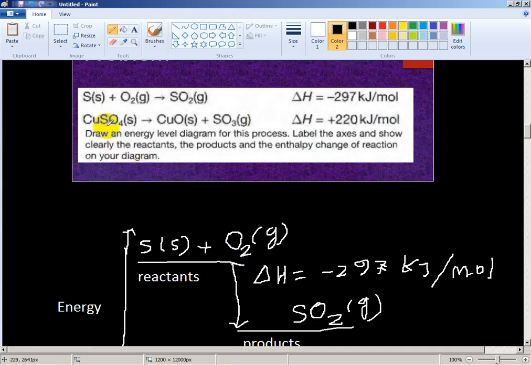Okay, the reactant is copper sulfate, and the products are copper oxide and sulfur trioxide. Here this is an endothermic reaction.